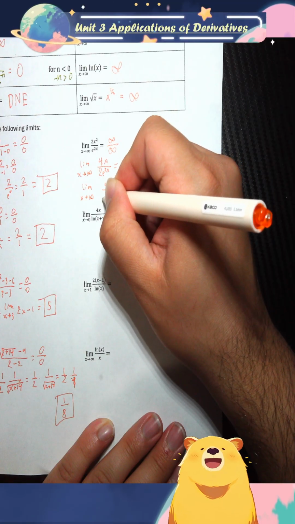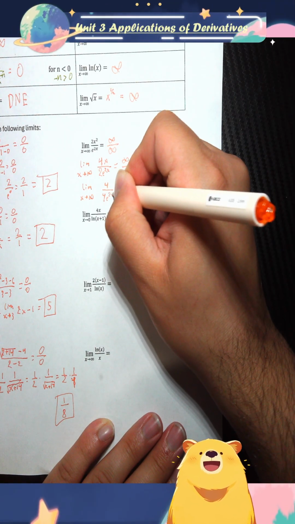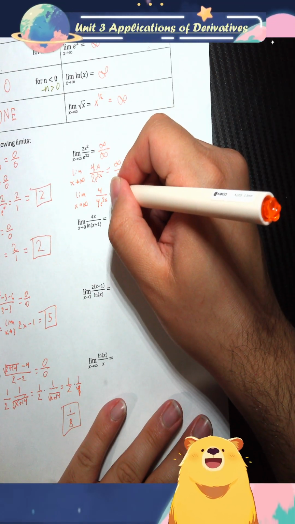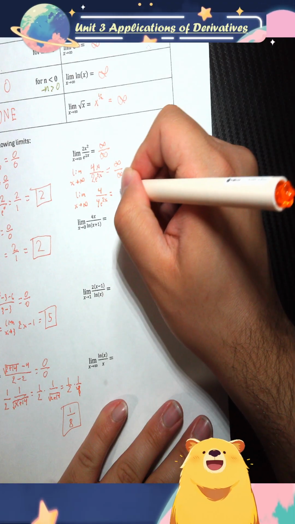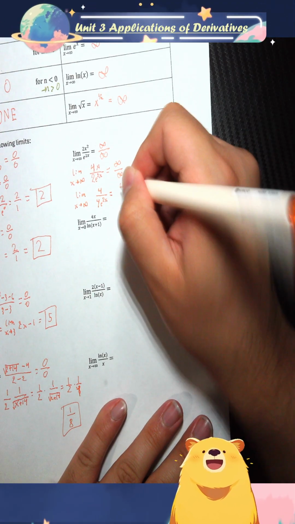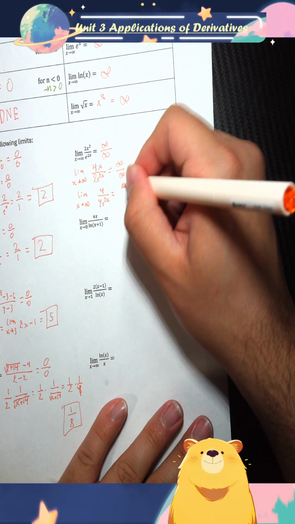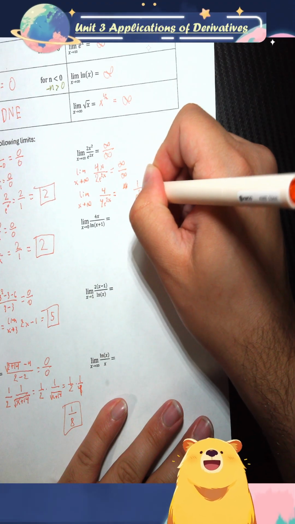4 over 4e to the 2x, because the 2 times the 2 will make it 4. And then here, you can simplify it to be 1 over e to the 2x.